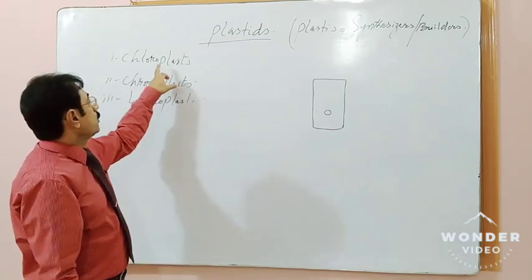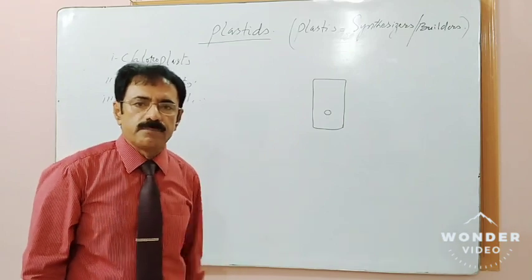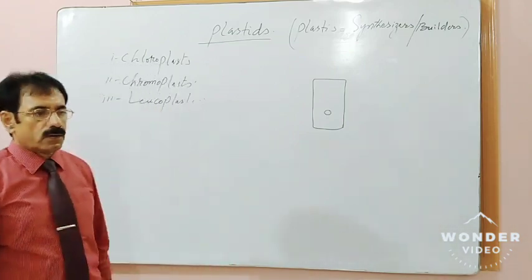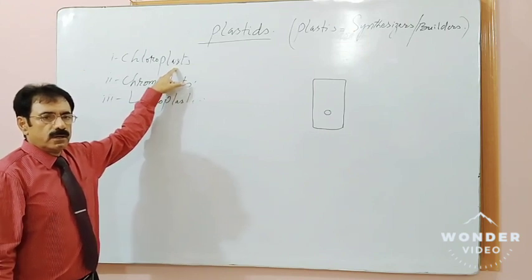Chloro means green. They store a green pigment, that green pigment is called chlorophyll. Because of the presence of the green pigment, the chlorophyll inside, they are called chloroplast.